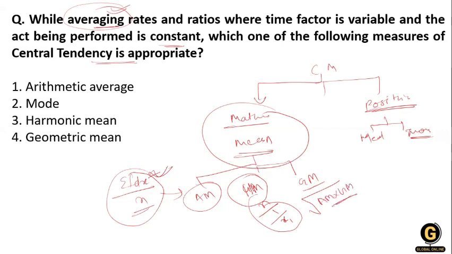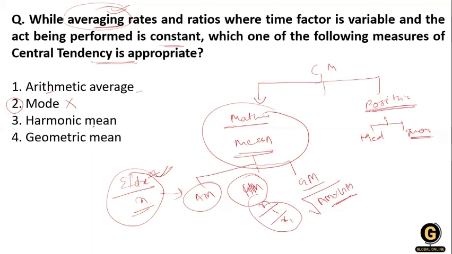So the question is about the average. The option number 2, the mode, is going to be cancelled. Now we are confused between the arithmetic mean, harmonic mean and geometric mean. The arithmetic mean is a simple average; there is no relation of rates and ratios between the variables, and no time factor is given.